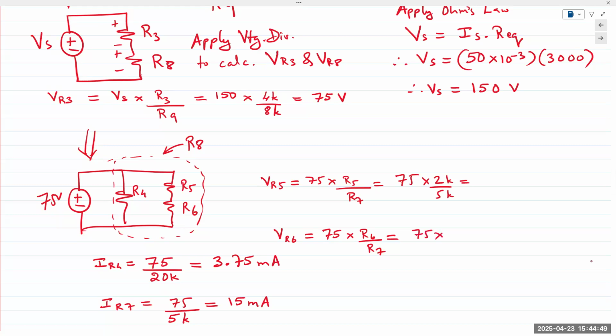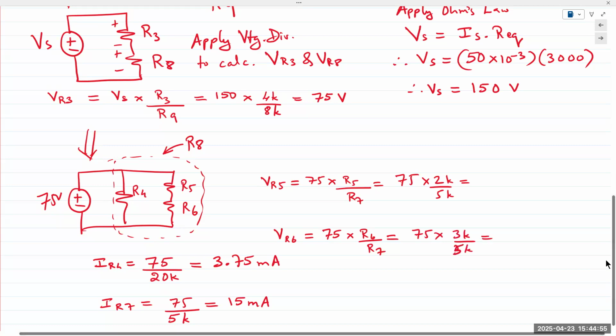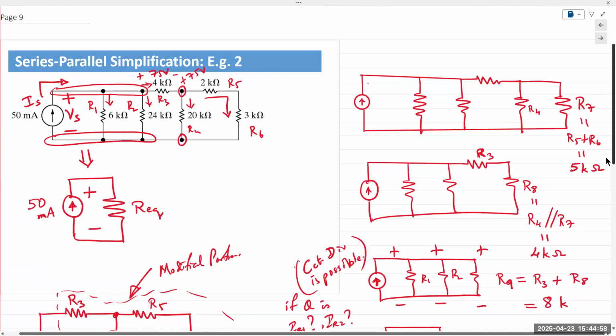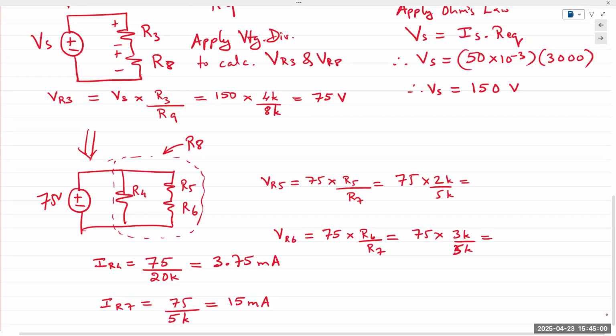And this is 75 into, what do we have? 3 kilo ohms divided by 5K. Yeah, 3. So what's the answer? 150 divided by 5. So that should give me 30. 30 volts. 75 times 3 divided by 5.